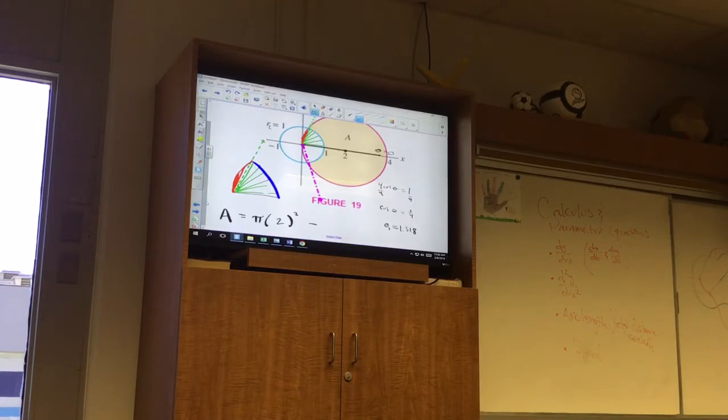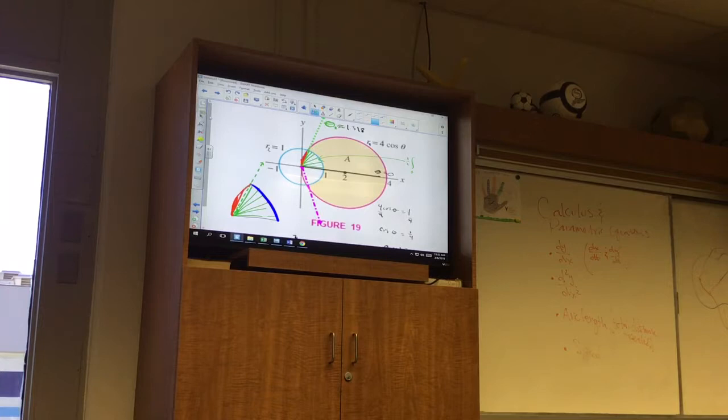So what would that integral look like? Yeah, so really what I would do in my calculator, I would store that as like alpha, so whatever.